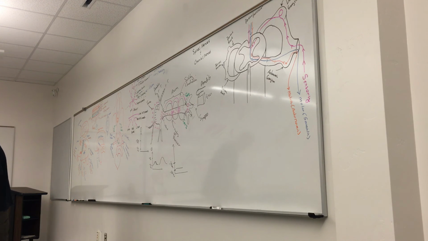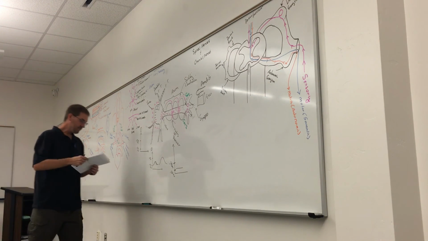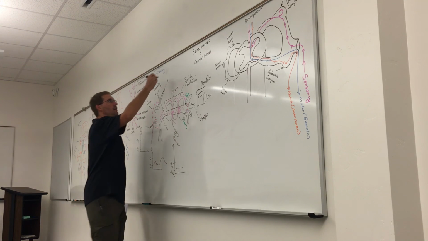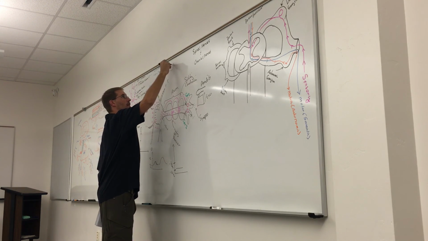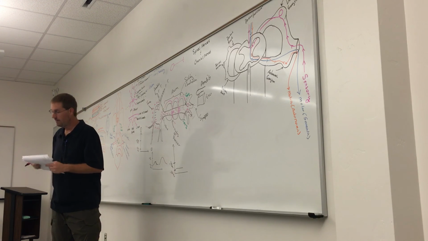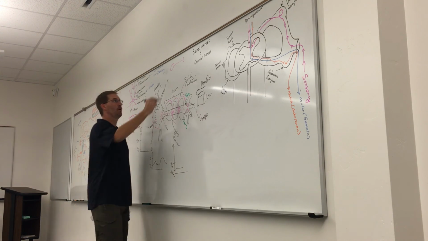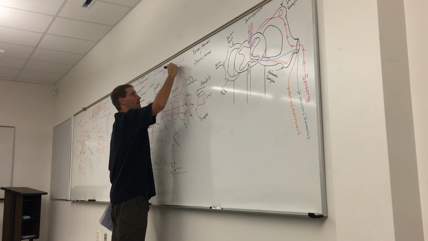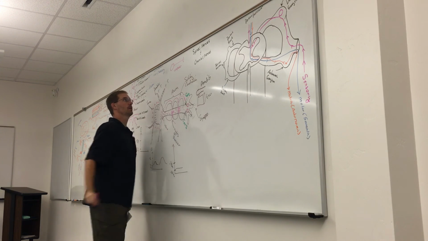All right. I'm going to talk a little bit about a couple of different types of neurons. There is a type of neuron where it's just the cell body and the axon, just like that. That's known as a unipolar neuron.